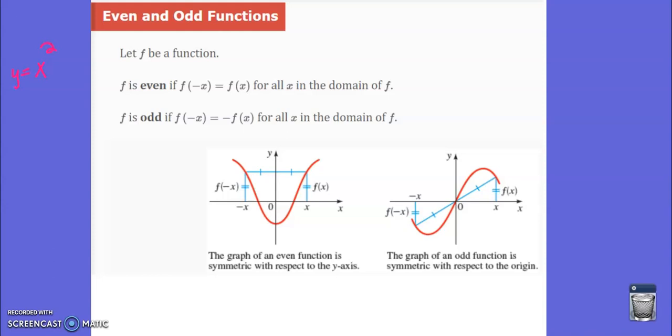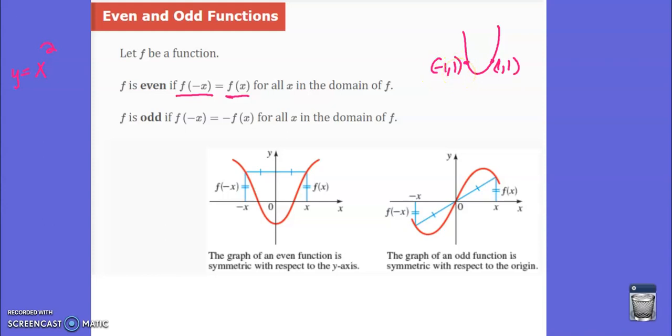Let f be a function. f is even if f of negative x equals f of x. We talked about a parabola earlier; I kept referring to a parabola in the first video. In the general case of the parabola, the point 1, 1 is reflected to the point negative 1, 1.